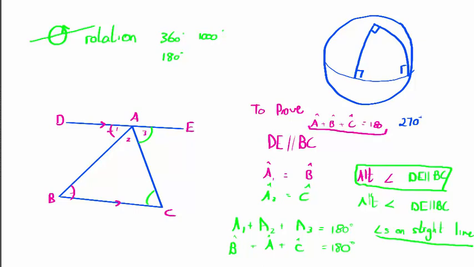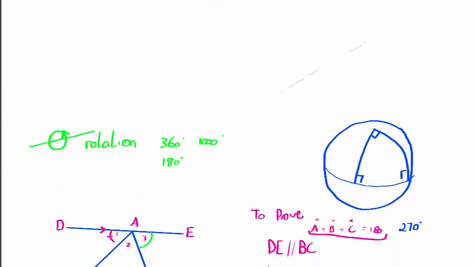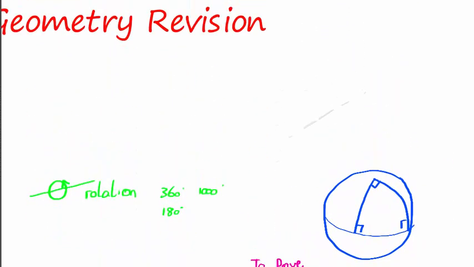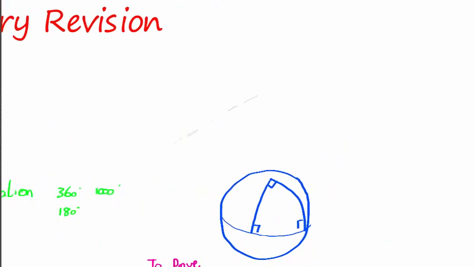Before we can see why, we need to look at alternate angles. That's an even more basic principle than the angles inside a triangle, because I use that principle to prove angles inside a triangle is 180.